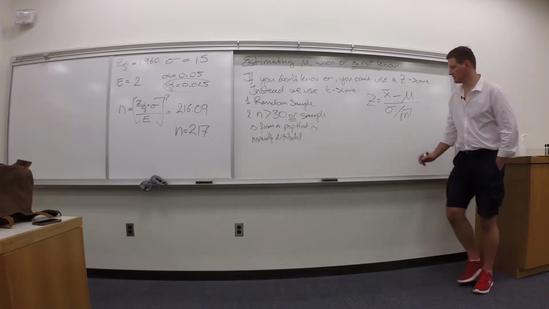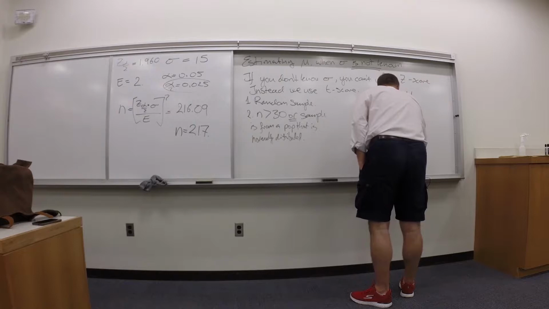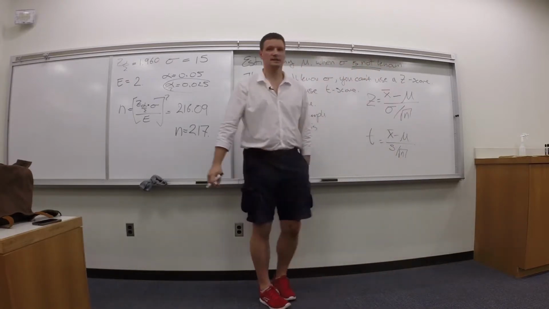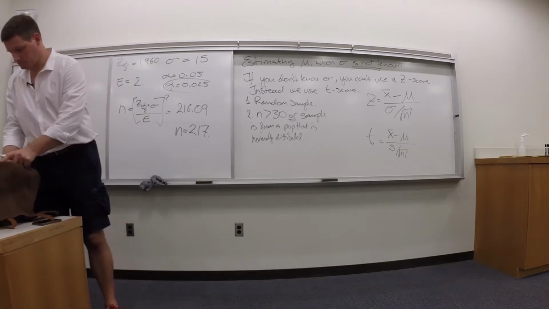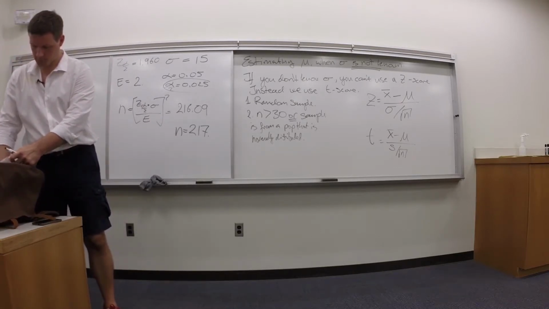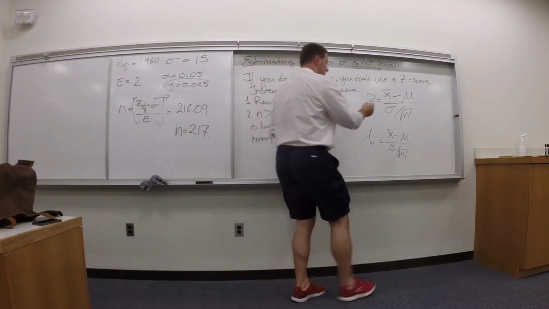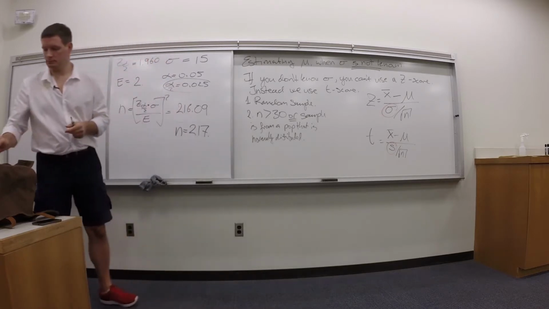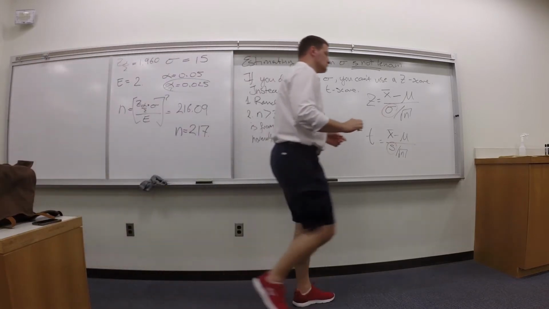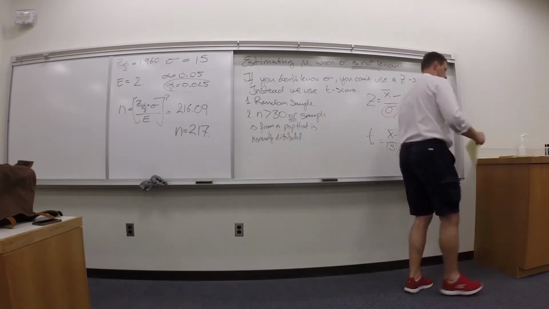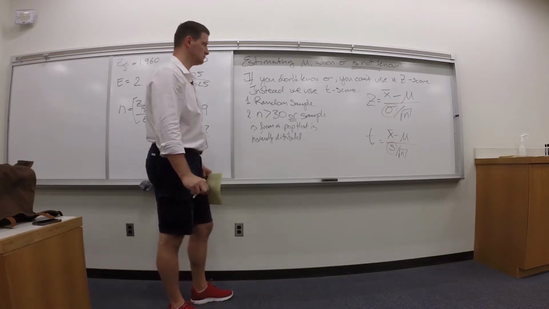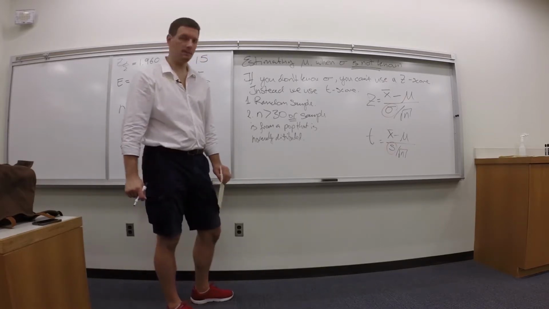The closest thing to a population standard deviation is an S. Yeah, sample standard deviation. So the difference between those two is right here.